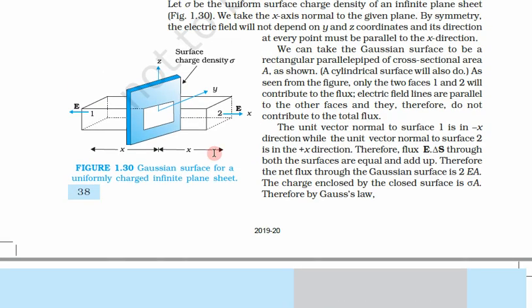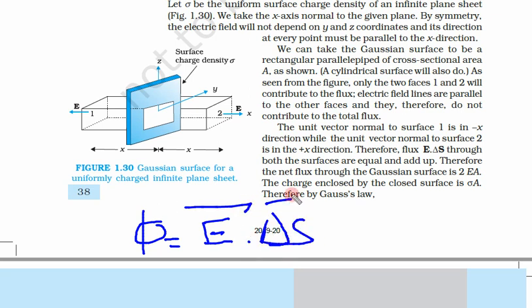Now let us apply Gauss law. Phi is equal to E dot delta S. For the other areas, E dot delta S is equal to 0.